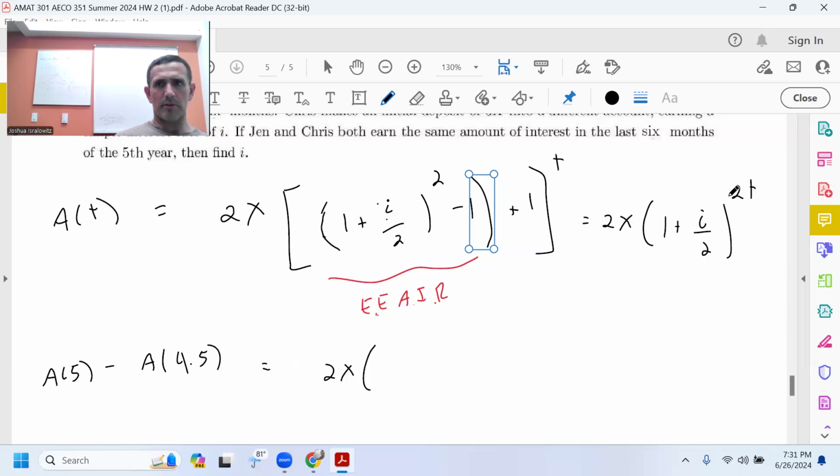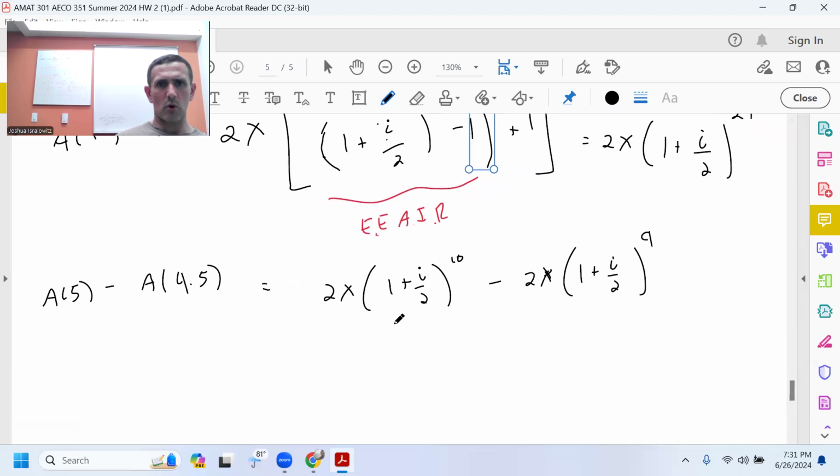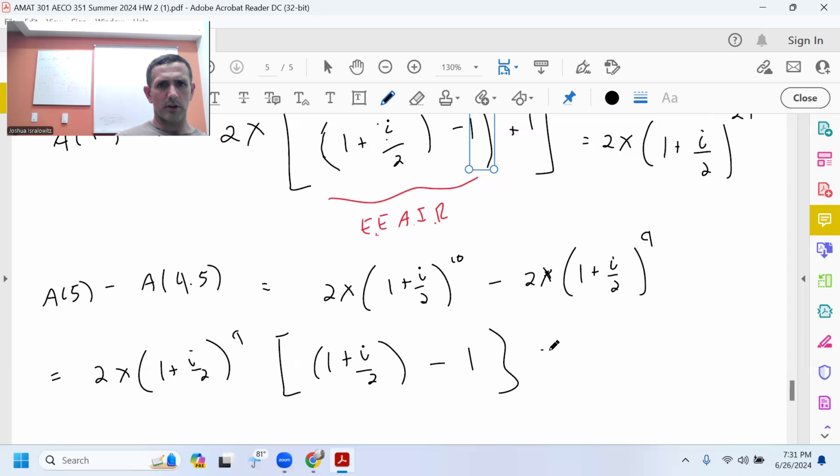to x, plop in 5. And always with these problems, it's designed so that the algebra is easy. Plop in 4.5, that'd be 9. So in particular, you can factor this whole thing out. So it's 1 plus I over 2, minus 1. That's a weird looking bracket.